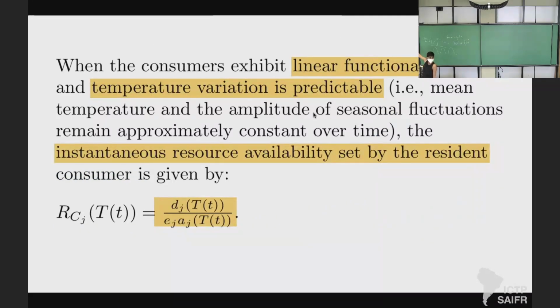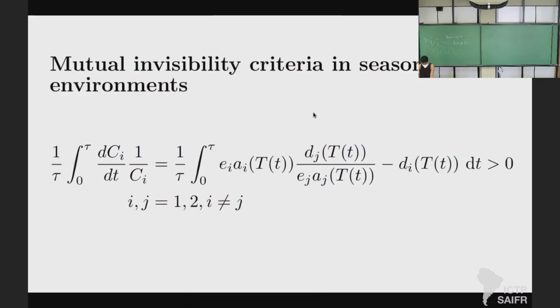It's an approximation, and you test that approximation, and it works perfectly for seasonal variation, okay? When you have handling times, it gets a bit messy, but for this model, it works absolutely perfectly. Even with handling times, it works.